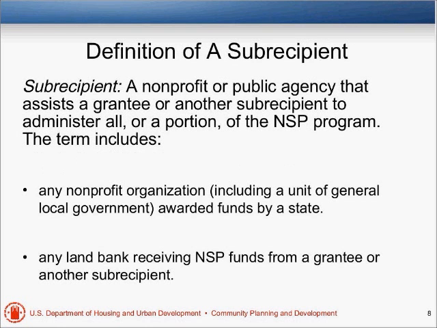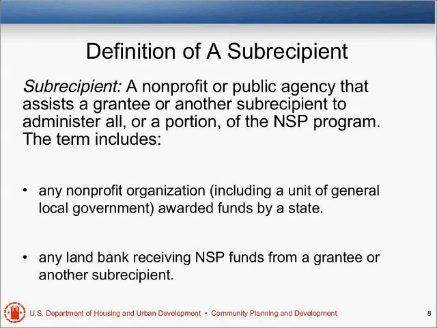Okay, so we've got what a developer is. So what's a subrecipient? A subrecipient is a nonprofit or public agency that assists a grantee or another subrecipient for administering all or a portion of the NSP program. So basically, a subrecipient is someone that's implementing a part of the program just as if they were the grantee.